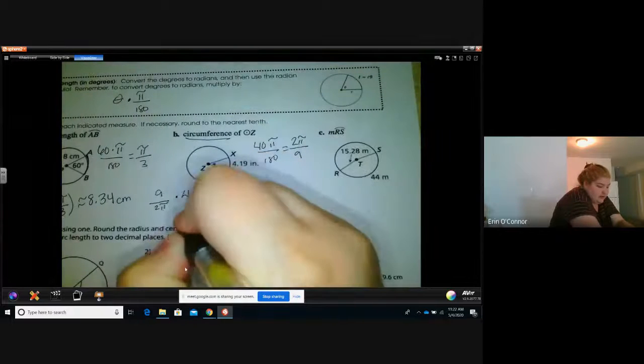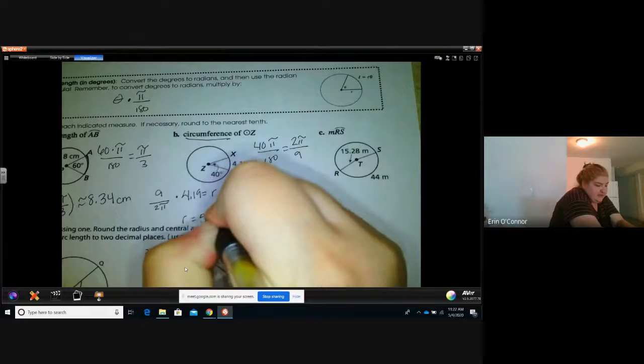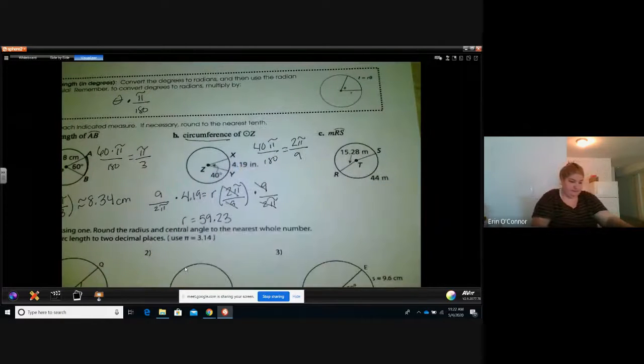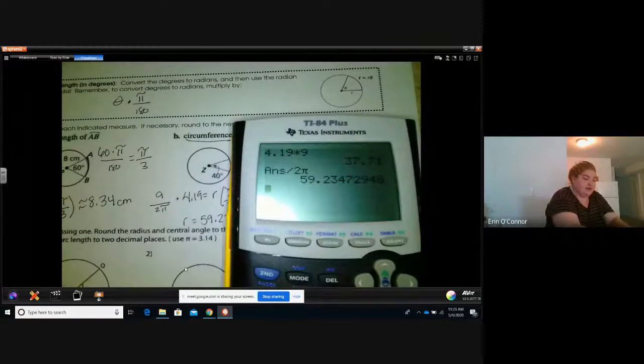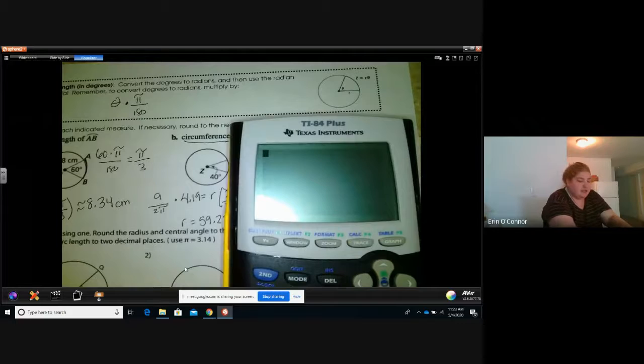So r is equal to 59.23. Hope everybody's okay with that. Once we get 59.23, I'm double checking that all of this is done right by going through each one and making sure I've done the correct work. And see, we have it. And that's why I know it's not 59. I knew 59.23 sounded too big.